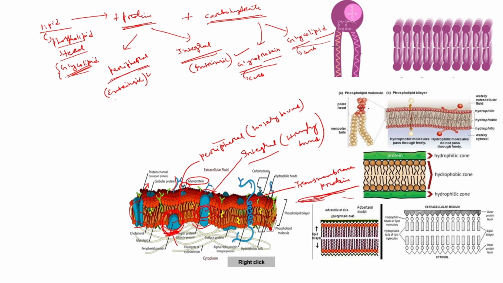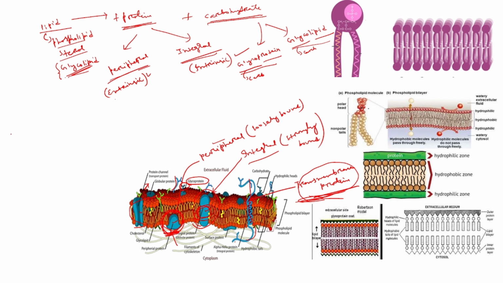Another is the transmembrane, buried through the whole plasma membrane structure. Another is the carbohydrate, present only at the outer side, bound with lipid or protein. If bound to protein, it is called a glycoprotein. If bound to lipid, it is called a glycolipid. So this is all about the plasma membrane structure.